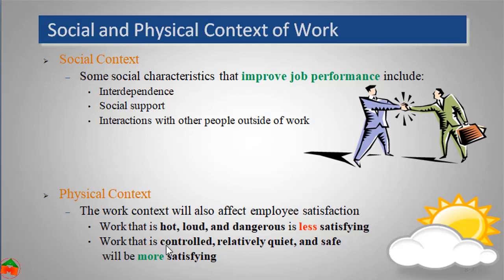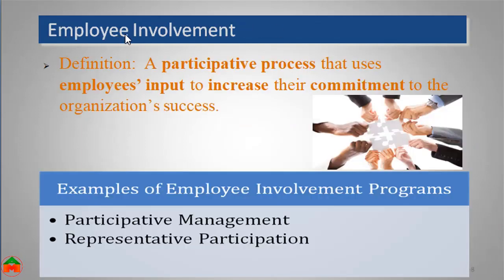For example, a work environment that is hot, loud, and dangerous is less satisfying to the employees. On the other hand, a work environment that is controlled, relatively quiet, and safe will be more satisfying to the employees. That means to increase the motivation of the employees, you can also focus on the social context and physical context.